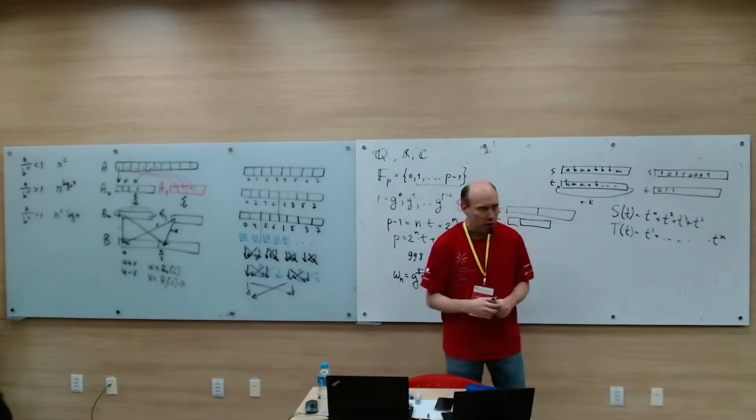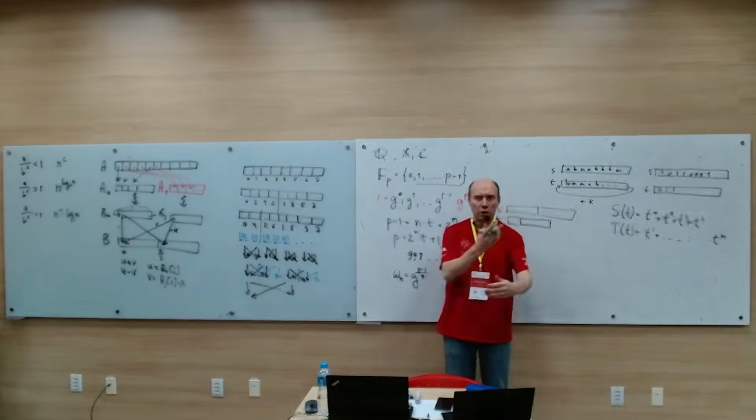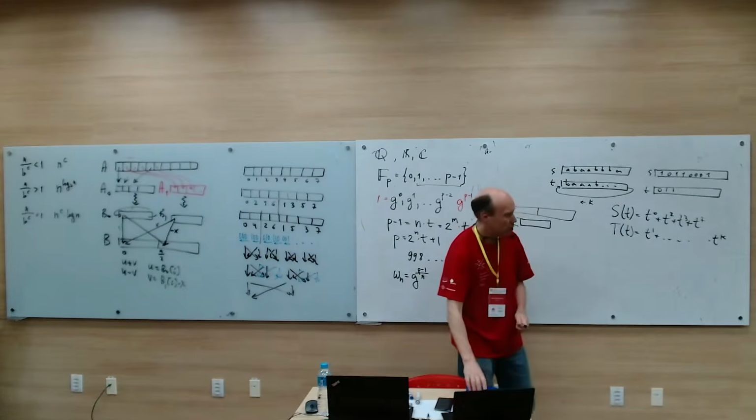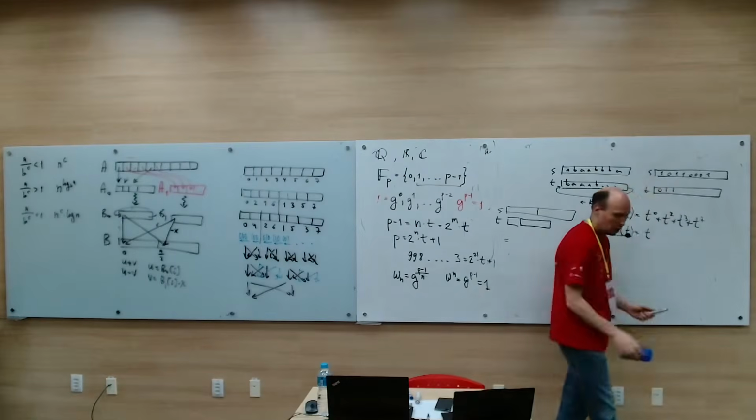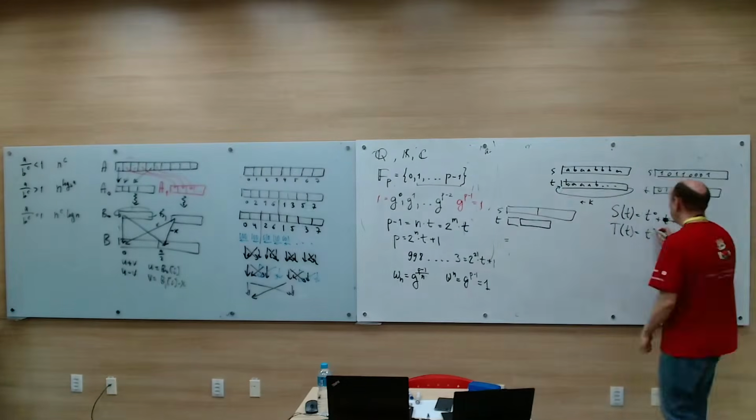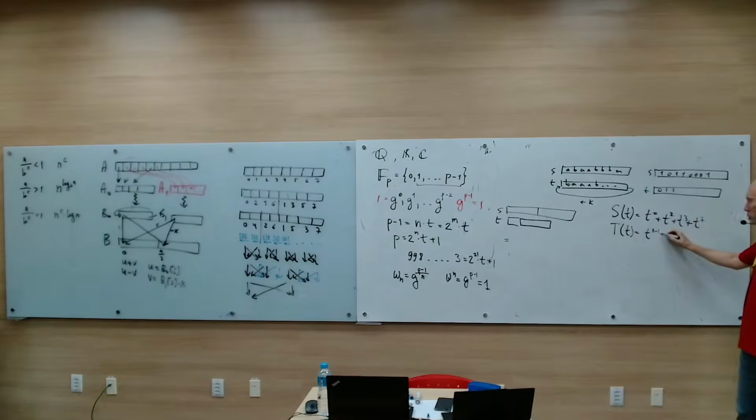The trick is to reverse the string T here. In this case, the ones would go to positions n minus the first position plus 1, up to n minus the last position.